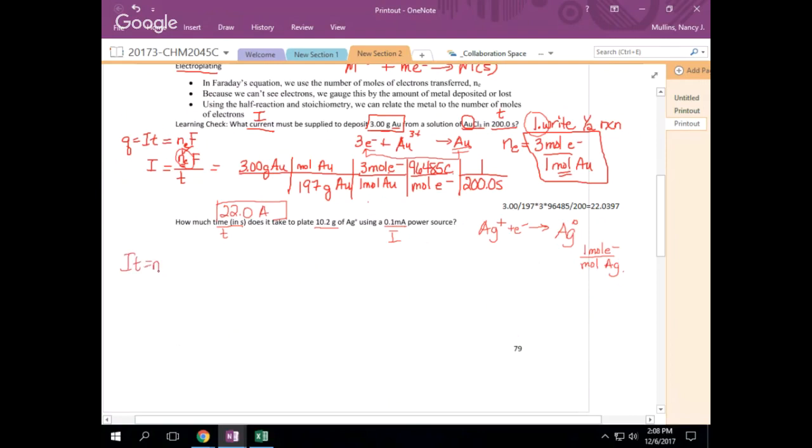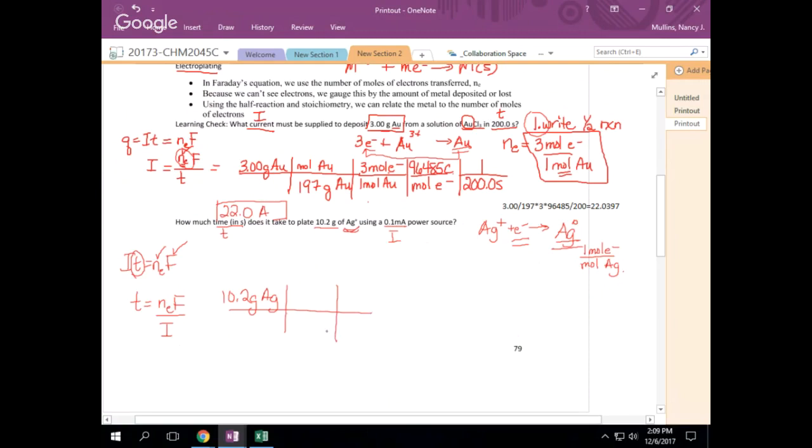IT equals NEF. With knowing how much silver, I can find this. I know Faraday's constant. I'm looking for time. So I'm going to divide both sides by the current. And then substitute in. I have 10.2 grams of silver, but I need to relate the silver to the electrons. What's the relationship?